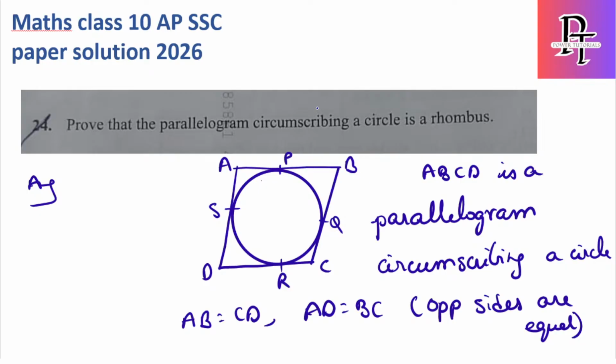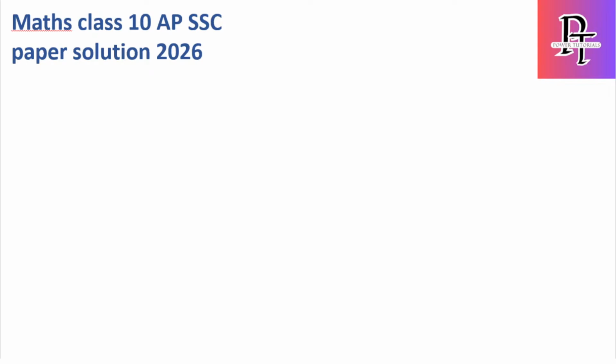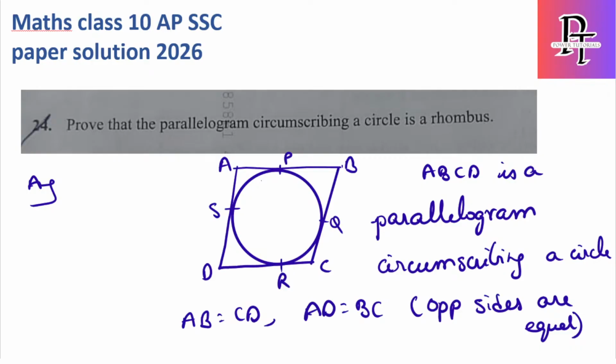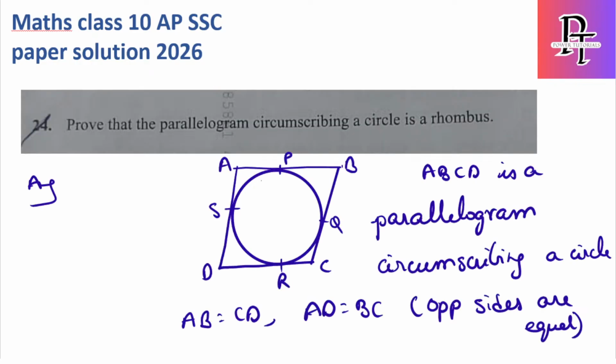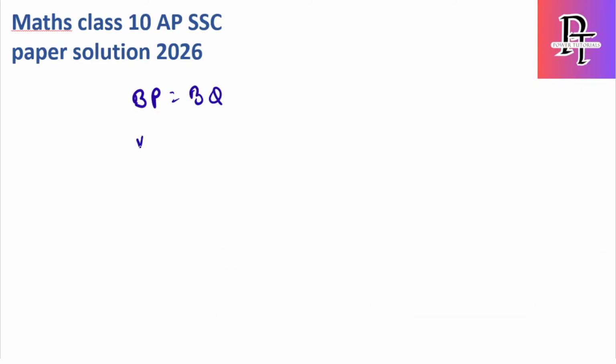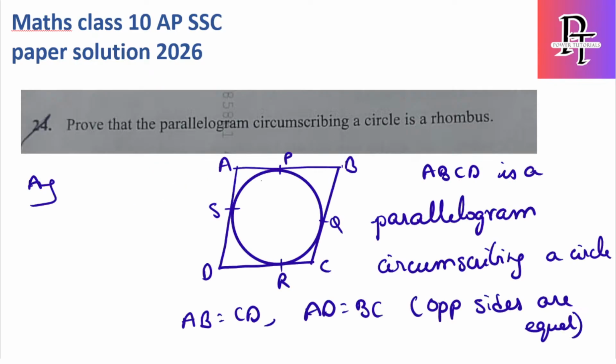What is the next condition? If you notice, BP and BQ are tangents, so from external point B, BP is equal to BQ. Same way, AS is equal to AP, then DS is equal to DR, and RC is equal to CQ.